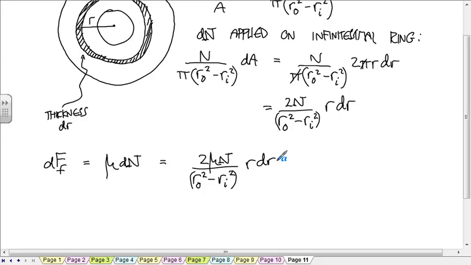You know what I mean? So friction doesn't depend on the surface area as long as the normal force stays constant.